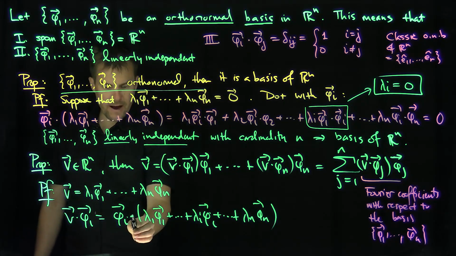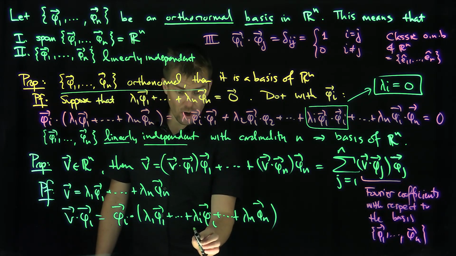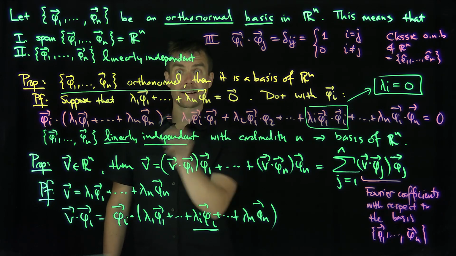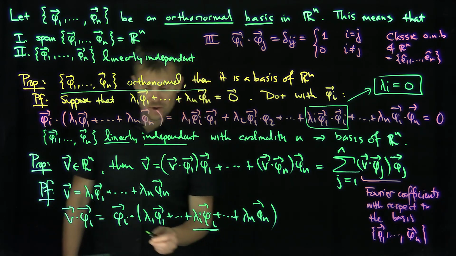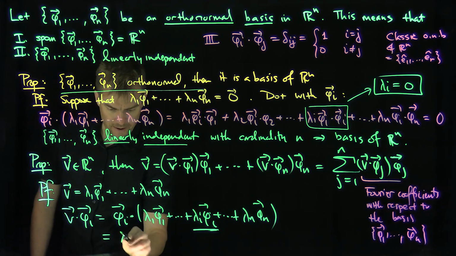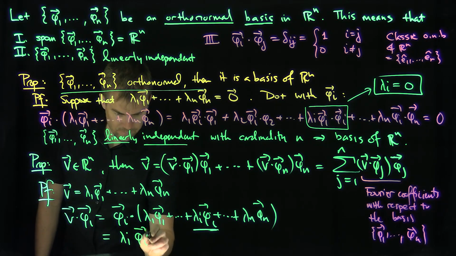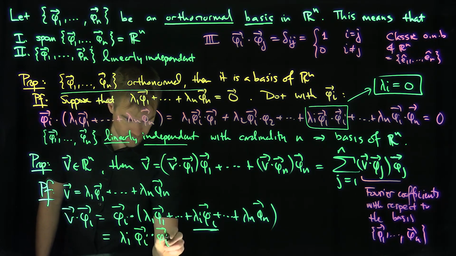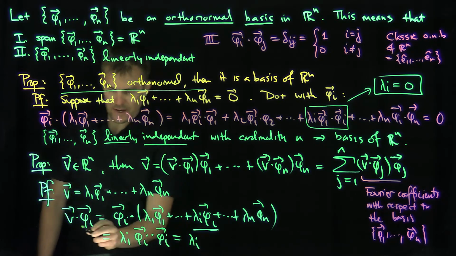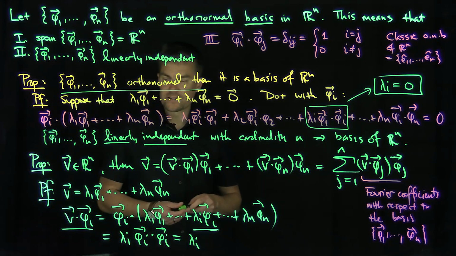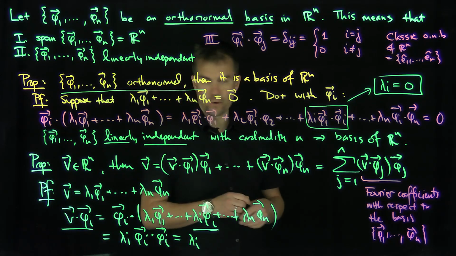When I dot phi I with any of the things that aren't this one, by orthogonality, all those zero out. So we're left with just lambda I phi I dot phi I, which is just lambda I. So lambda I is v dot phi I, and that gives us our proof of this Fourier decomposition.